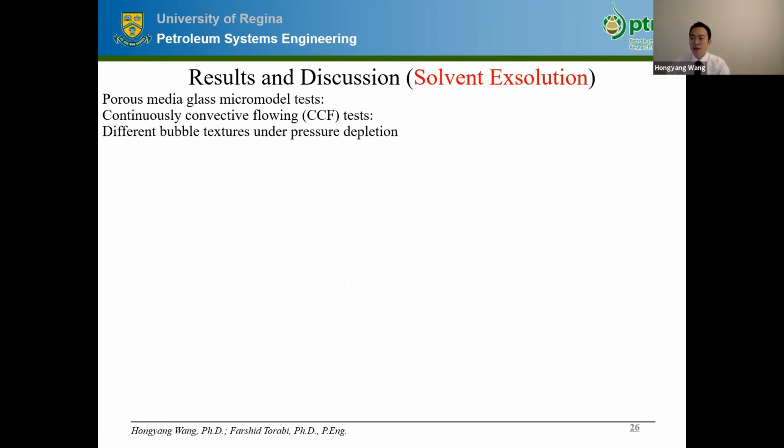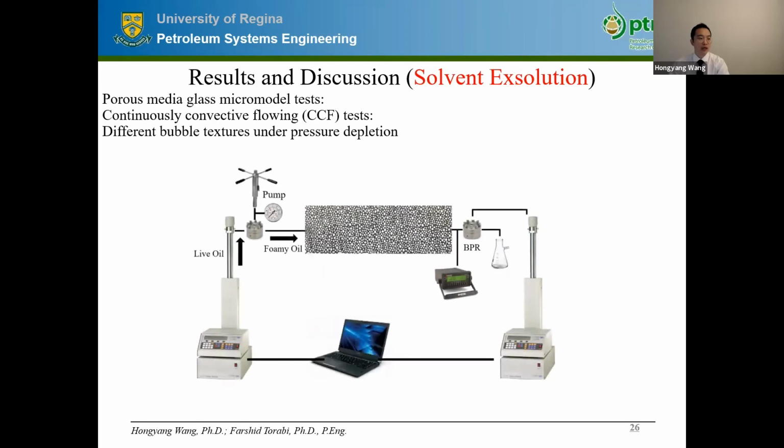Another test conducted in the porous media glass micromodel is called the continuously convective flowing test. We utilized the micromodel system to pass the foamy oil through the micromodel in order to observe different bubble textures under pressure depletion.